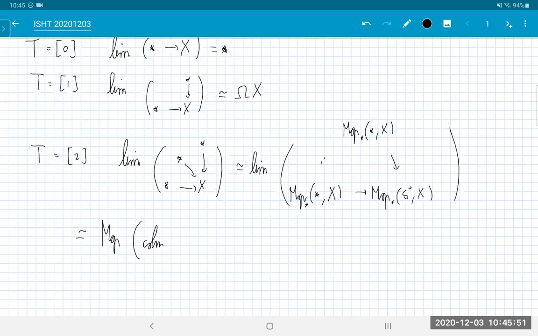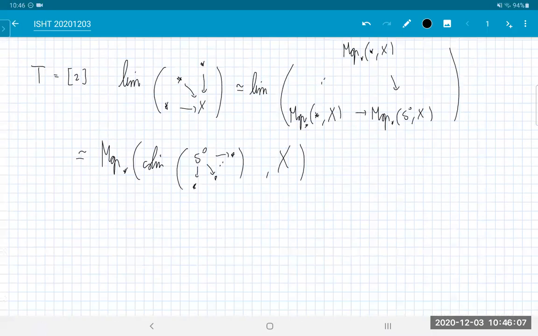So you get the colimit of S^0 into X. And the point is that this colimit has a completely geometric description. This is just 2 points with, in this case, 3 arrows like this, and let me say marked with a base point, say downstairs.